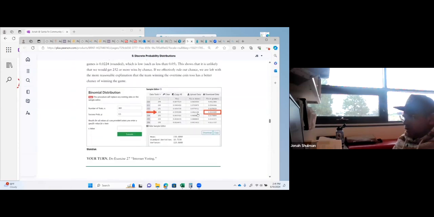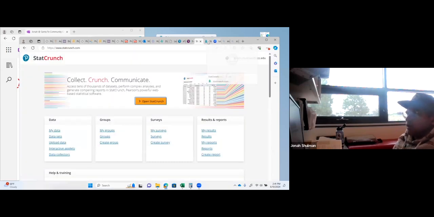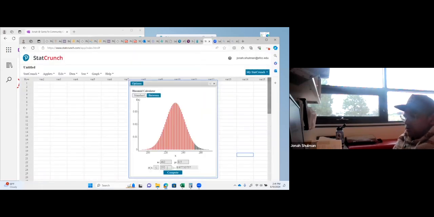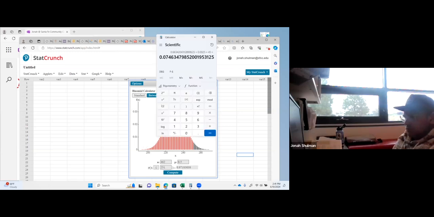So this is our 0.982. And if we subtract it by 1, we get this value, this 0.017. So the only way to do this is instead of using 252, using 251 and then subtracting it by 1. If I do that, I should be good. So the n stays the same. I have to change this to 251. Then I just have to take that value and do 1 minus the 0.971.